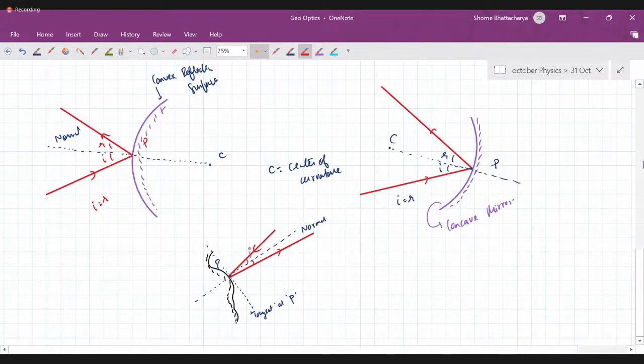Okay. So this is the literal application, or you can say the literal interpretation of the laws of reflection for various types of reflecting surfaces.